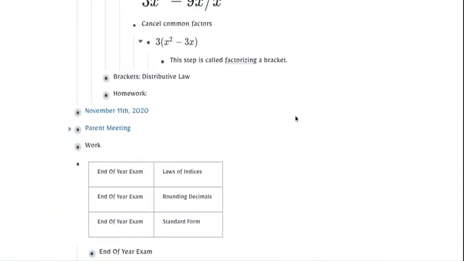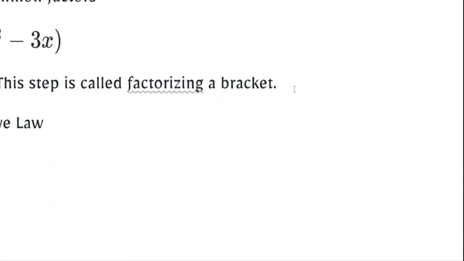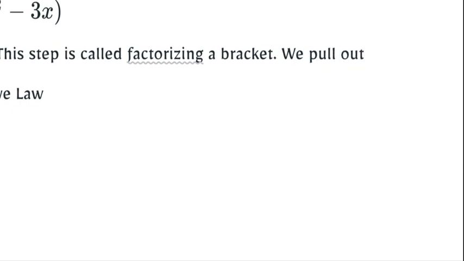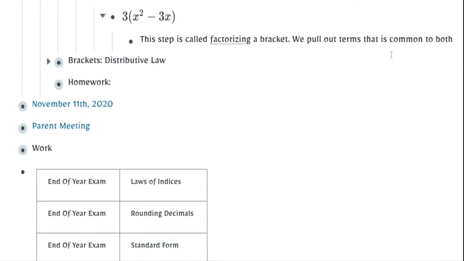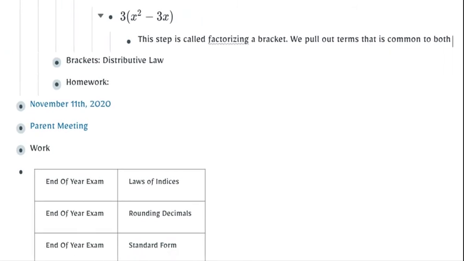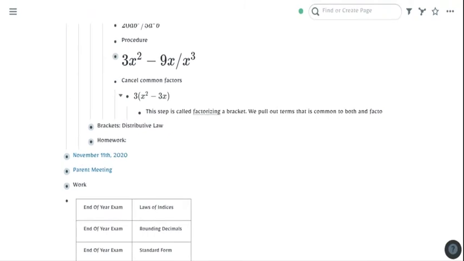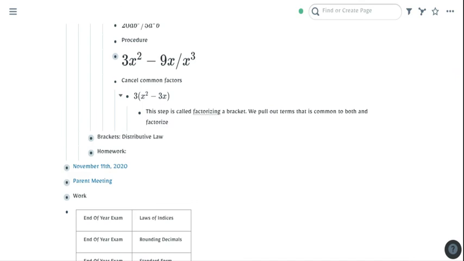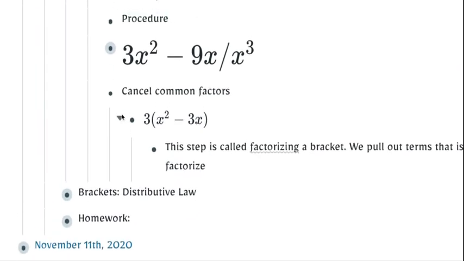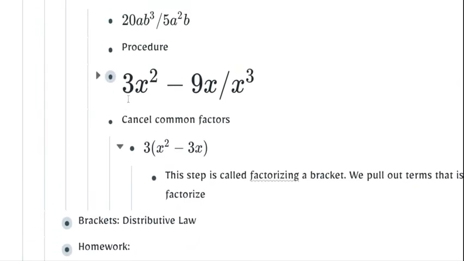We pull out terms that are common to both and factorize as such. So in other words, let me repeat one last time. Because there was a 3 that is common to 3x squared minus 9x, we pulled it out.